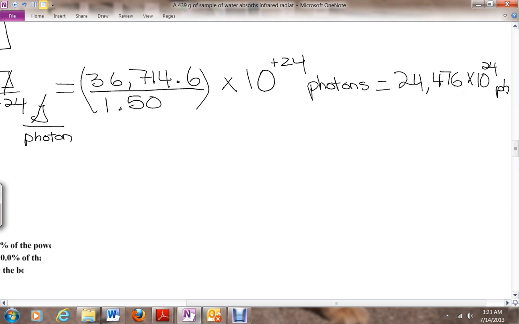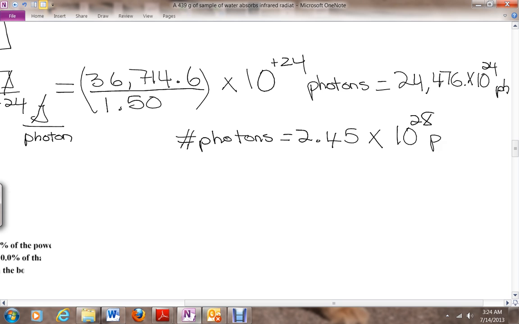Now, if you move the decimal to scientific notation, the decimal is here, you need to move it 1, 2, 3, 4. So you move it 4 spaces, 2.45, because I'm rounding it to 3 sig figs, by 10. So I need to add 4 to the 24, which gives 28, and that's the right answer.